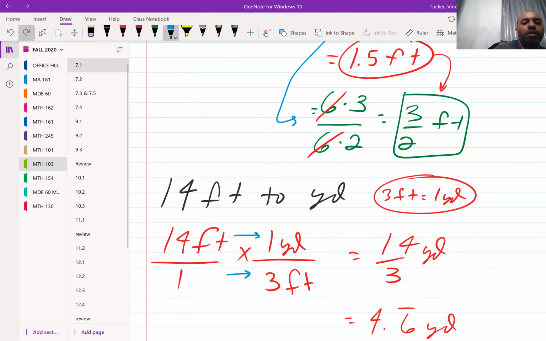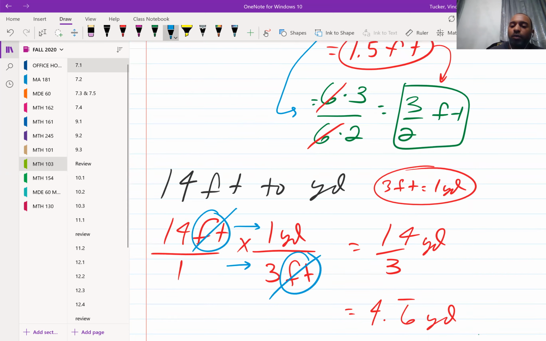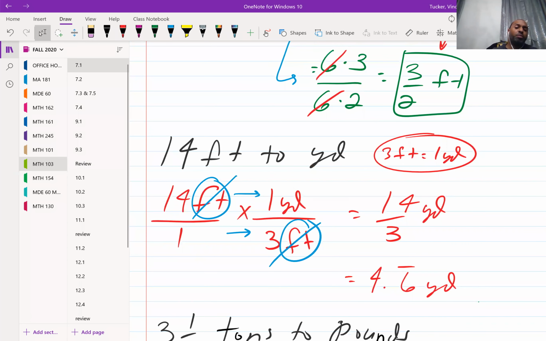So my feet cancels, and that's 14 over 3 yards, which is 4.6 repeated. Now, some people, if you deal with measurements and conversion factors all the time, you don't even need this, you just flow with it. But for those of us who don't, this secures us using the right process, because either you're going to divide or you're going to multiply by that 3. So doing it this way secures whether we divide or multiply by 3.